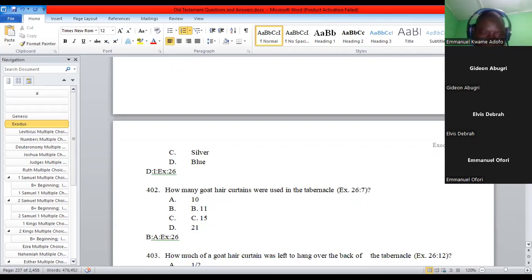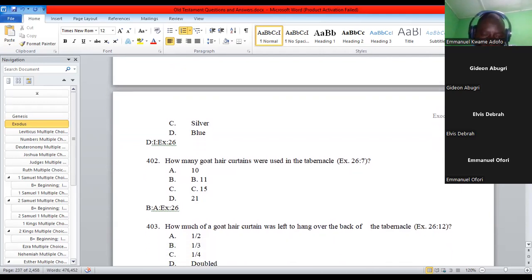How much of the goat hair curtains was left to hang over the back of the tabernacle? Verse 12. At the back of the tabernacle, how much of the goat hair curtains were left? It was half.